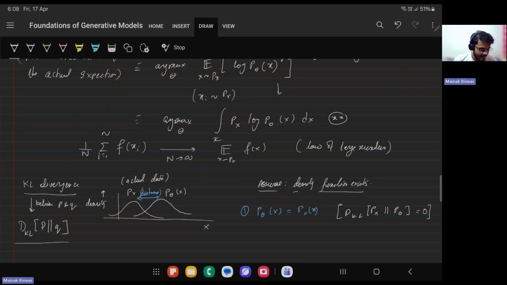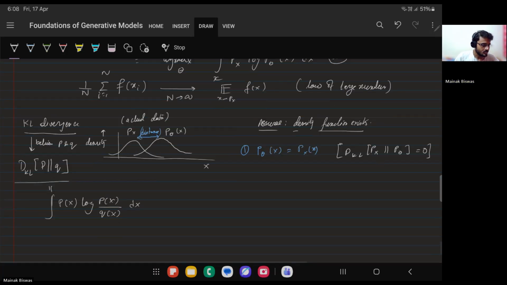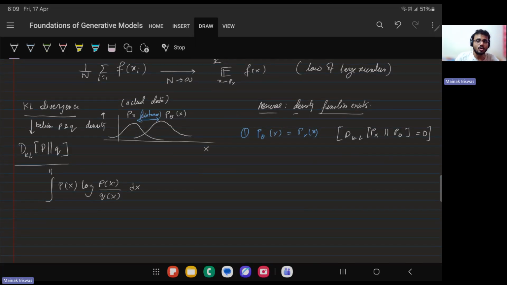So let us define how the KL divergence is defined. It is the integral of P(x) log of P(x) by Q(x) dx. Assuming there is support for the entire X, you can always add epsilon to have support, so that there is no division by 0.